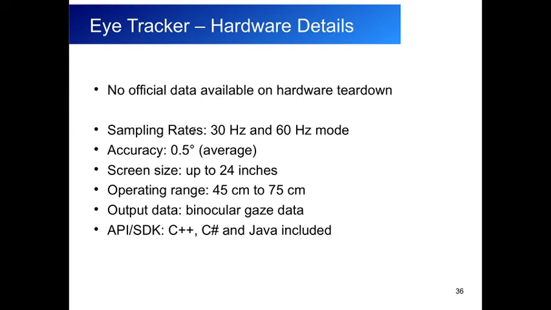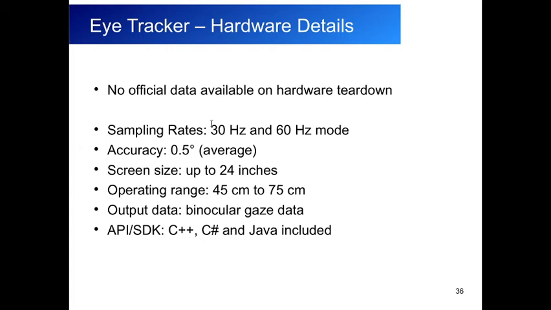It can work at different sampling rates, at 30 hertz and 60 hertz, which is very low if you want to do professional applications, but it's very useful if you want to do some applications that do not require the precise tracking of the eyes.